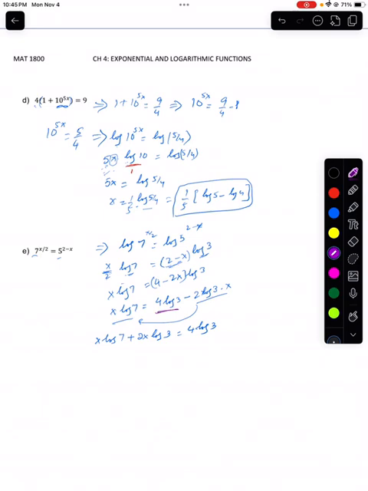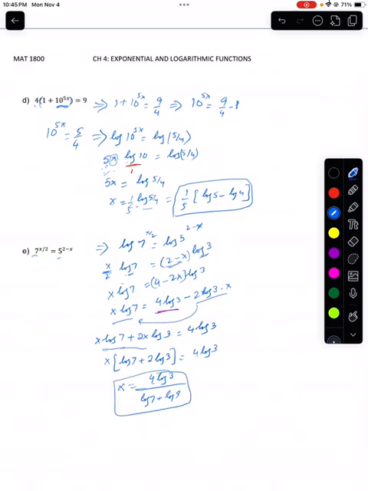So I now can factor out the x from here. So that x will be equal to, so if you want to write it as log of 9, that is fine. That will be your answer.